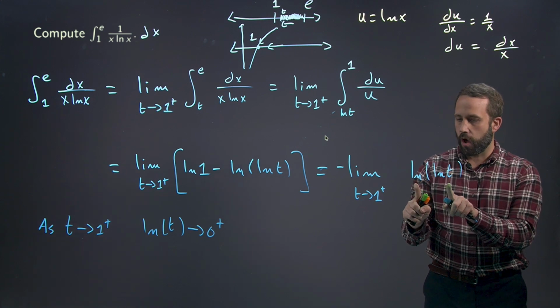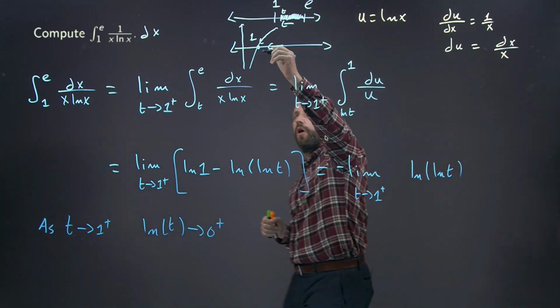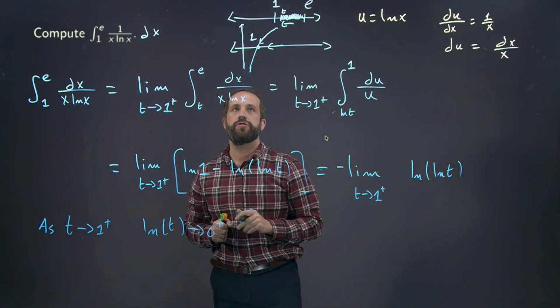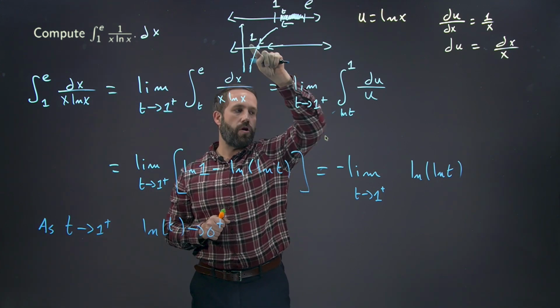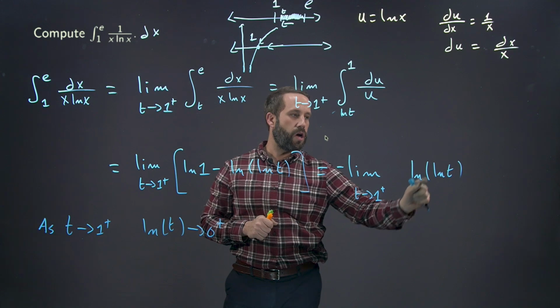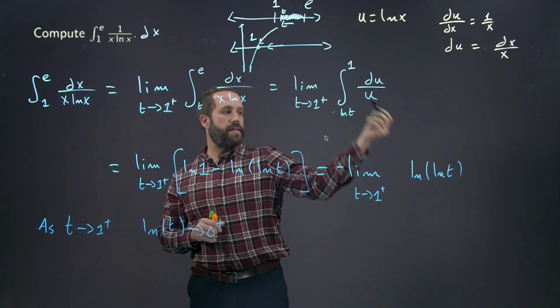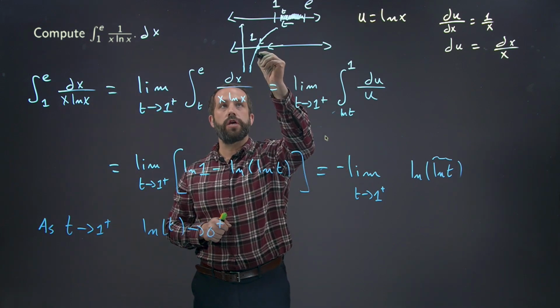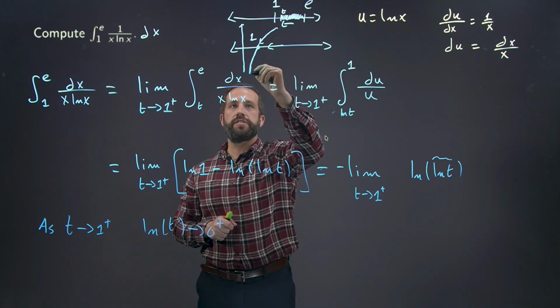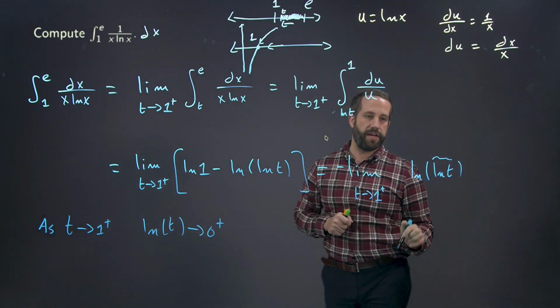So the natural log of something that's approaching 0, okay, now look back at the natural log function. Now I'm going to look at the natural log of the natural log of t as the argument is approaching 0. As the argument is approaching 0, notice that the natural log is approaching minus infinity.